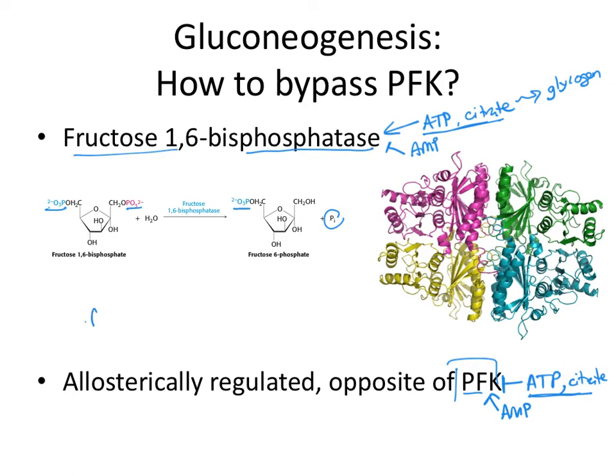So if fructose 1,6-bisphosphatase is running, we know that PFK is going to be inhibited. So in a cell where this is true, we'll be doing gluconeogenesis and not glycolysis.